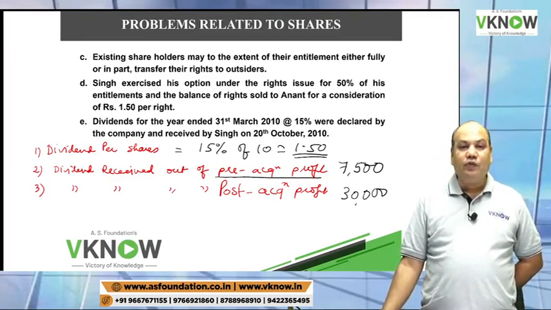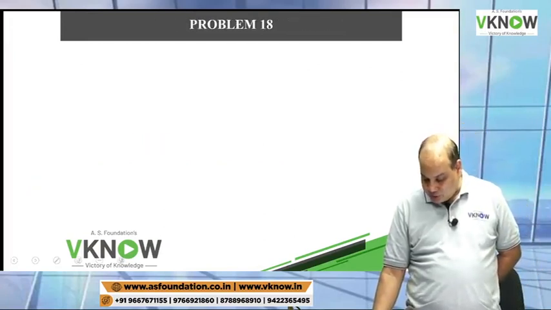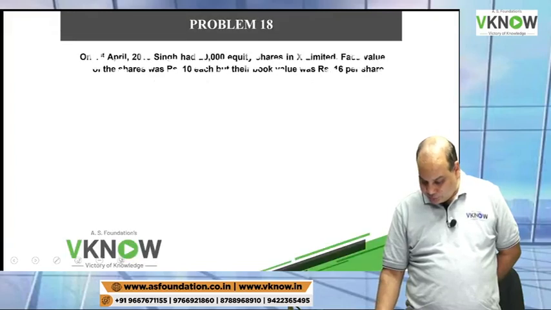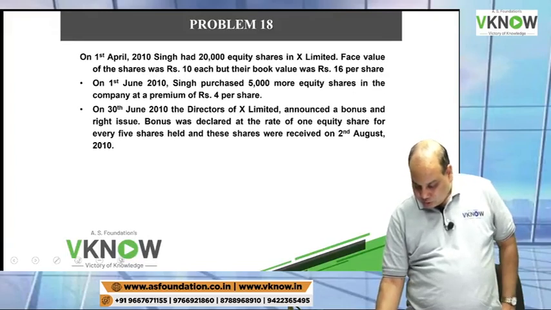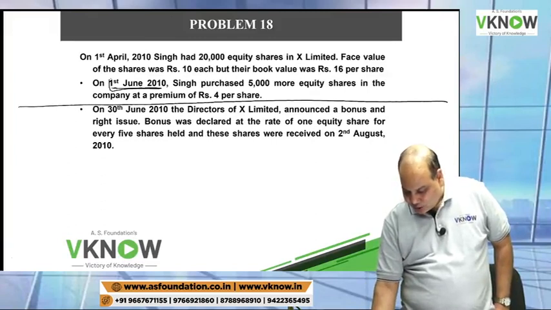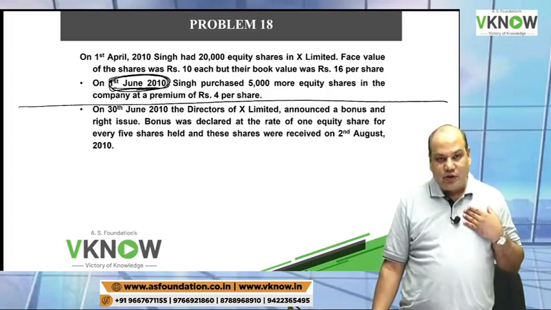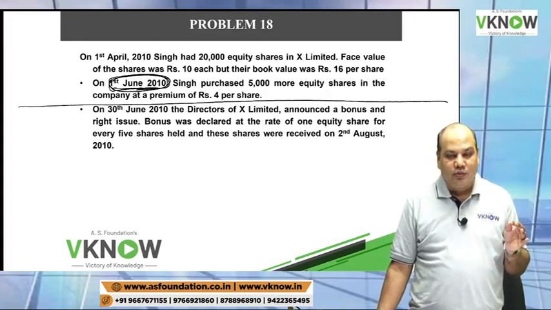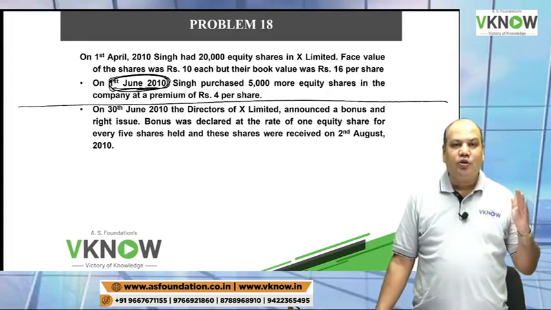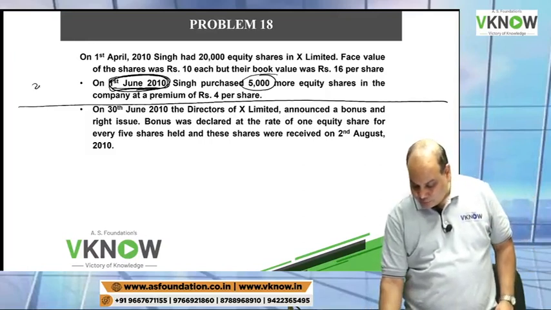Why 7,500? Let us see. Go to the previous starting page. These shares which I have acquired on 1st June 10, these shares were purchased in this year. Singh was not a shareholder on 31st March for the second lot.